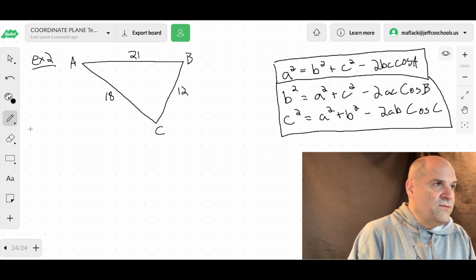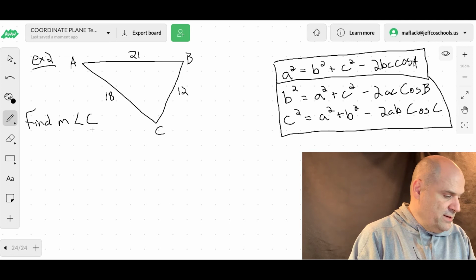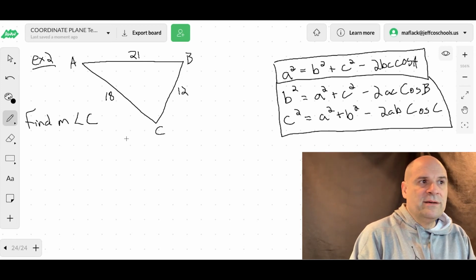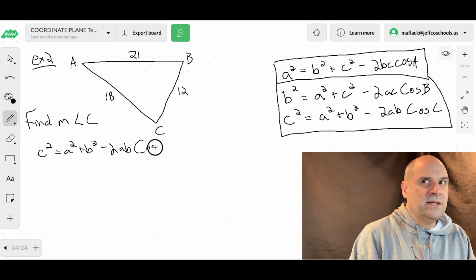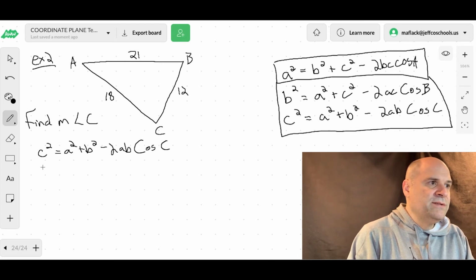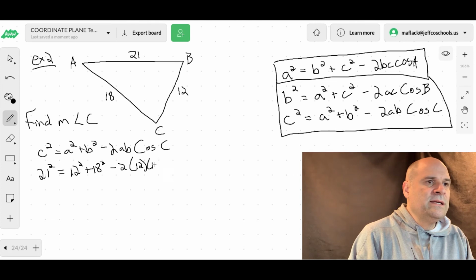The directions say find the measure of angle C. So let's use this bottom law of cosines: c squared equals a squared plus b squared minus 2ab times the cosine of C. Lowercase c is opposite angle C, so 21 squared equals 12 squared plus 18 squared minus 2 times 12 times 18 times cosine of C.